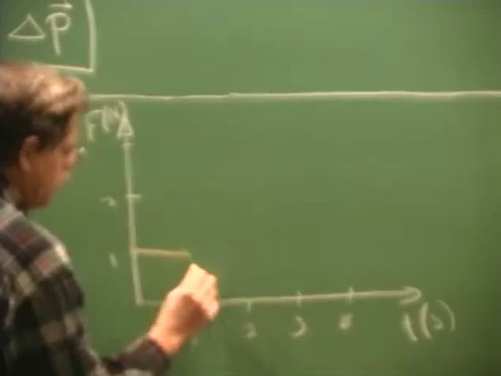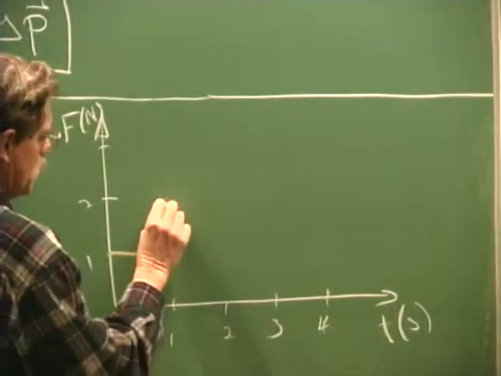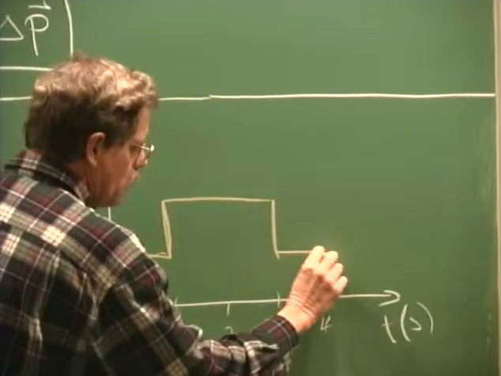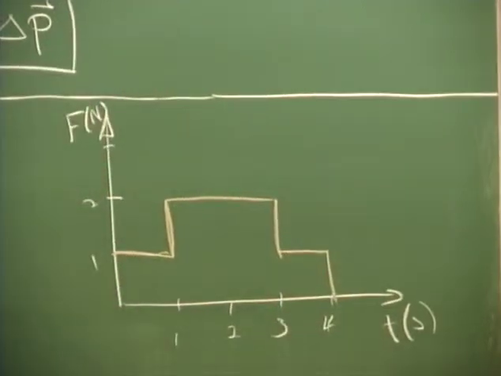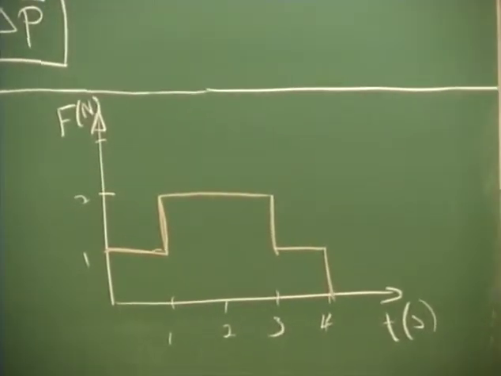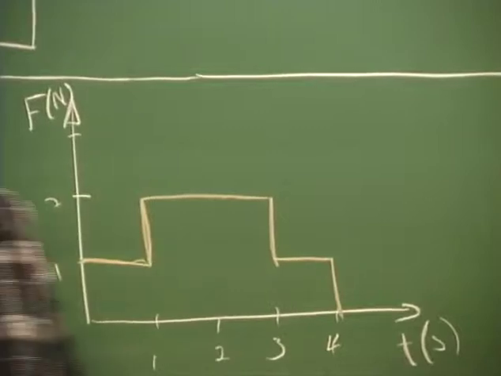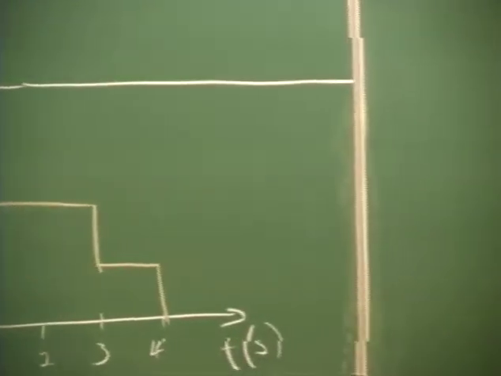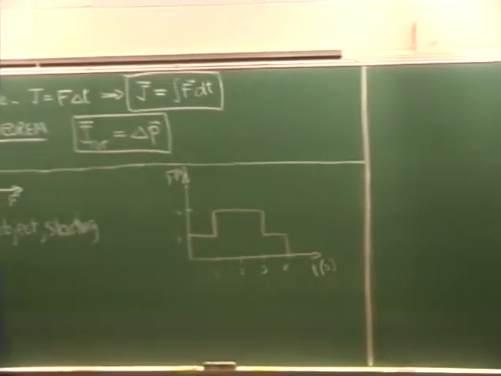It's 1 Newton the first second, and then 2 Newtons the next second, and back to 1 Newton, and then 0. So I grab onto this for 1 second at 1 Newton, and then 4 seconds, and I pull it gently, and I'll get going.